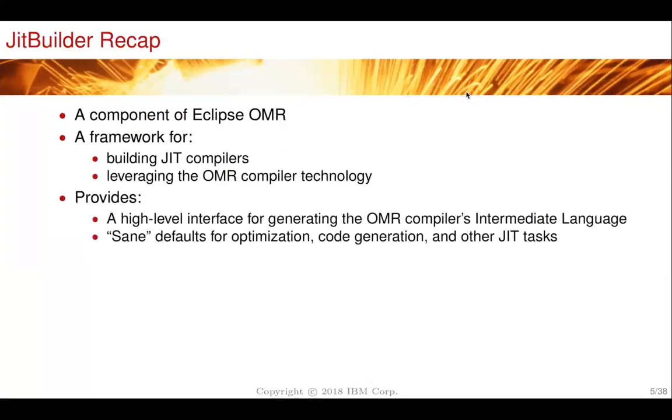It provides a high-level interface for generating the Eclipse OMR compiler's intermediate language, or IL, and provides sane defaults for things like optimization, code generation, and other tasks that we expect a JIT compiler to do that are not necessarily specific to a particular language, thereby alleviating some of the pain points of having to create a JIT compiler. It's written in C++, following the trend of the underlying compiler technology.